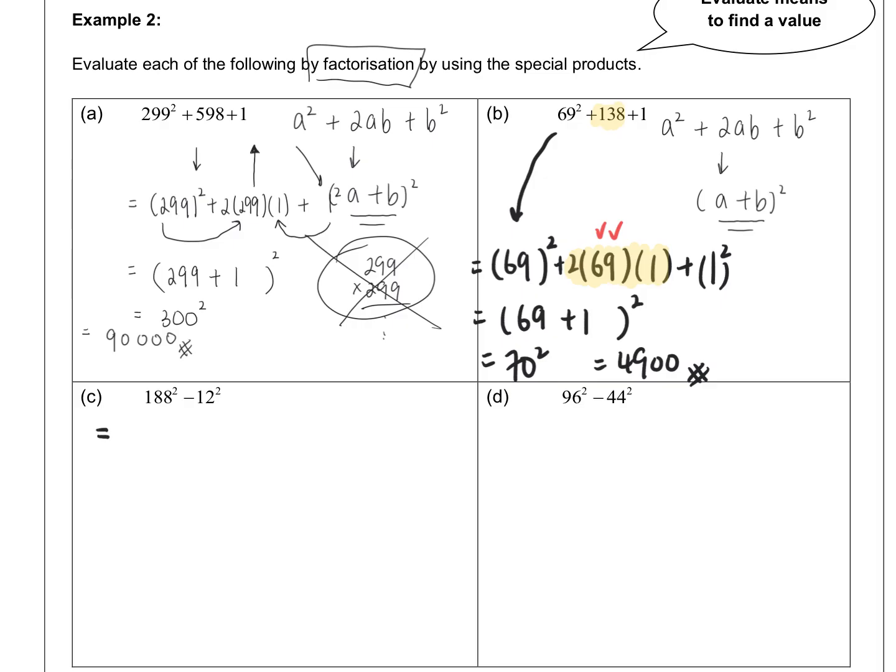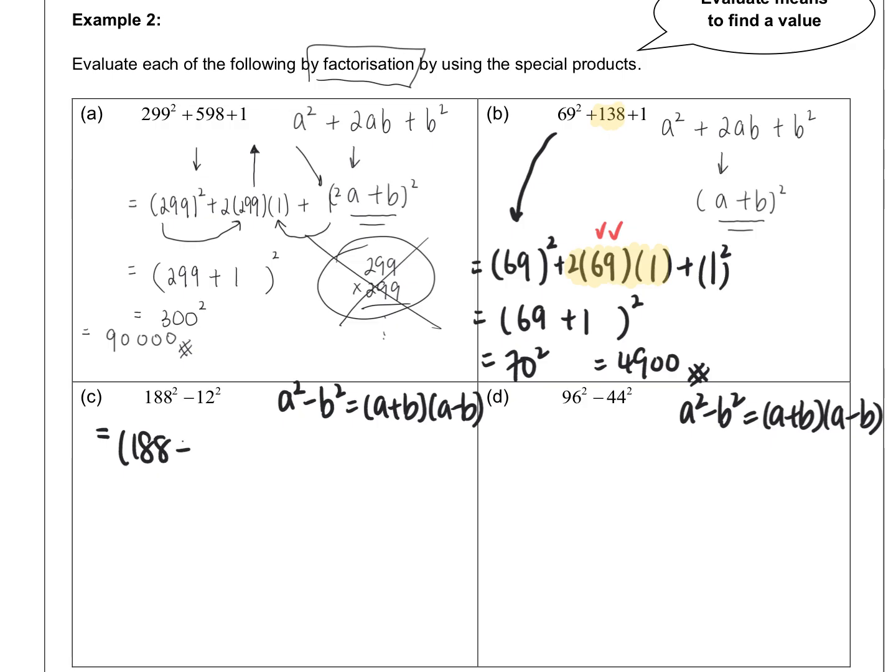Okay, C and D, what rule do I use? Number 1, 2 or 3? 3. So when you see this, change it to this. So this one is a plus b, a minus b.